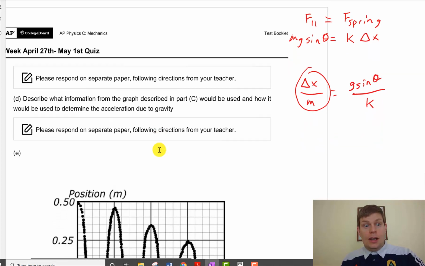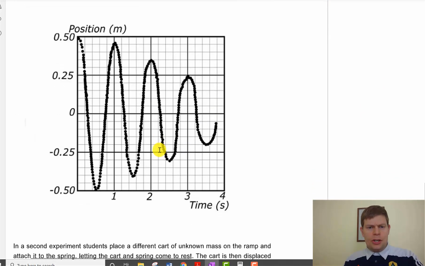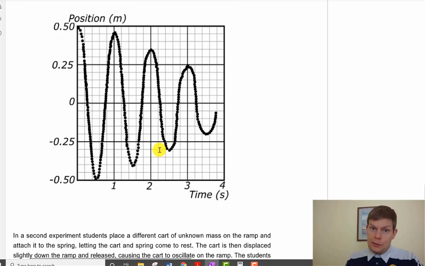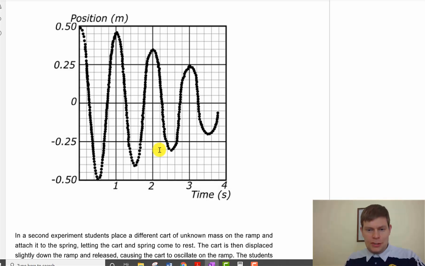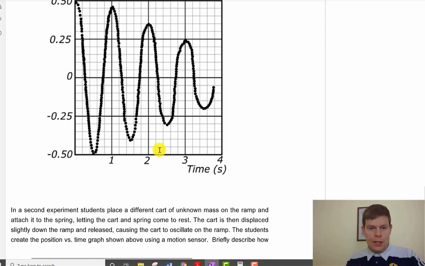And then the last step uses oscillations, which we've covered, but will not be on the final. This is actually fairly easy if you remember your formulas. It says, how could we figure out the mass if we had this thing? This is very much a period question. So you've got the cart oscillating back and forth, and it's pretty easy to find the period.